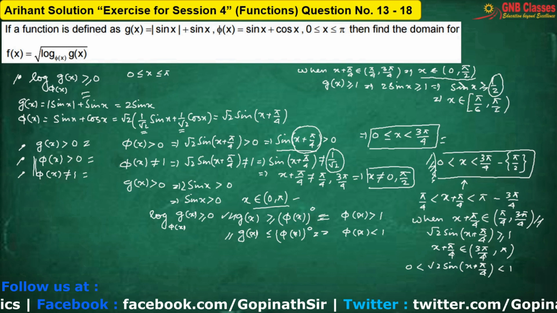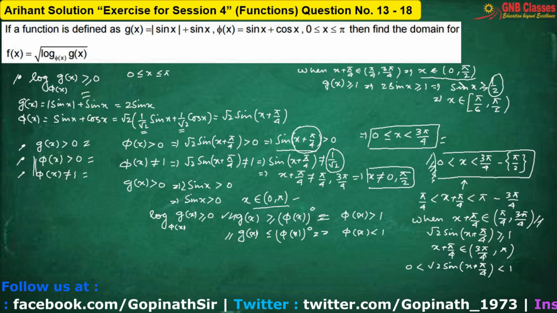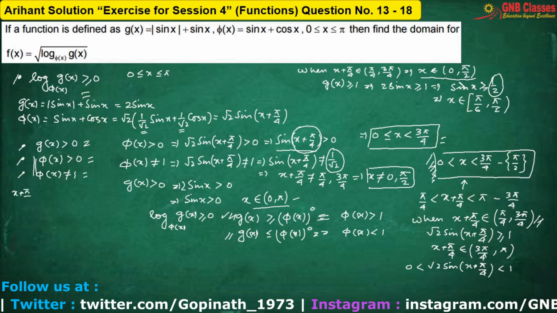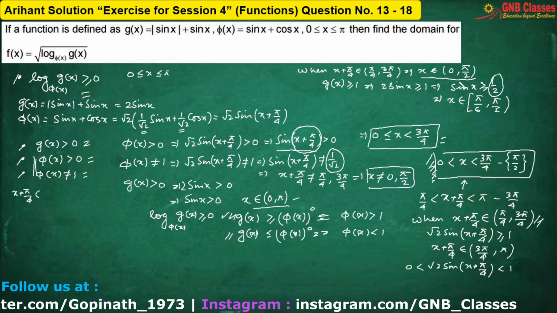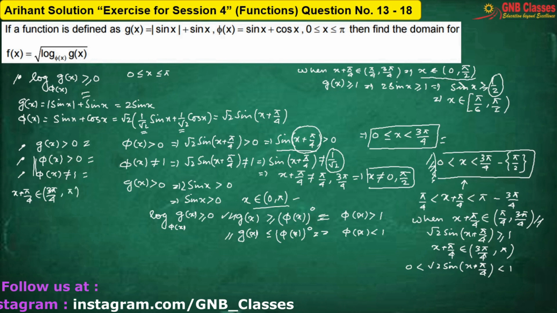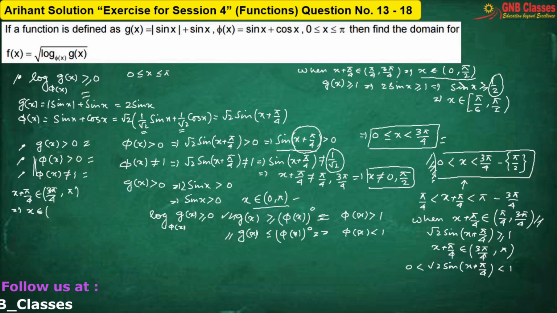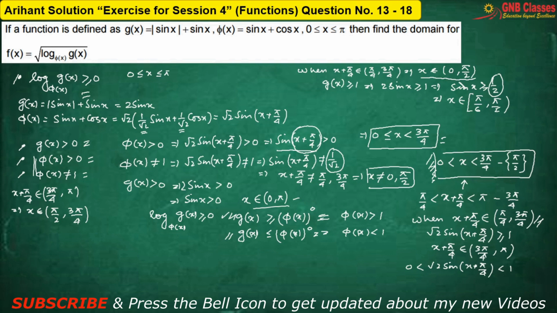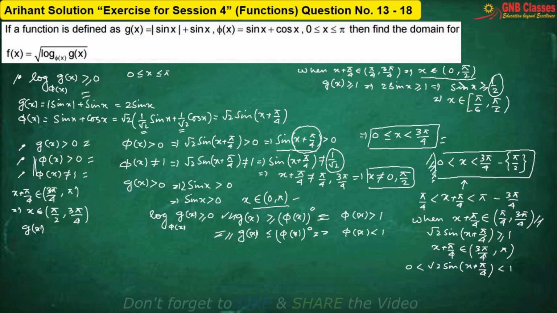Is it okay? Now let us consider the second case. That is when x plus pi by 4 belongs to 3 pi by 4 to pi. In that case, your x belongs to pi by 2 to 3 pi by 4. Is it clear? In that case, this condition will be satisfied, so g(x) is less than or equal to 1.